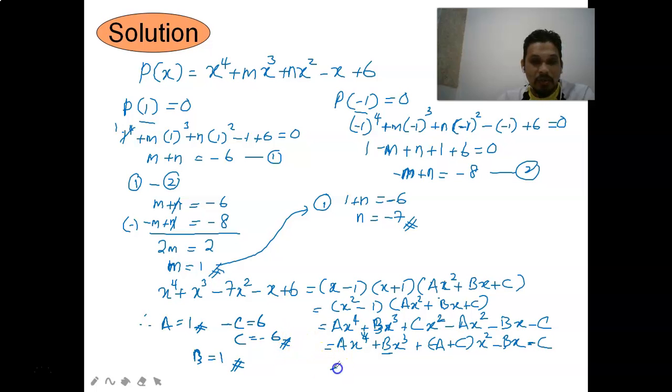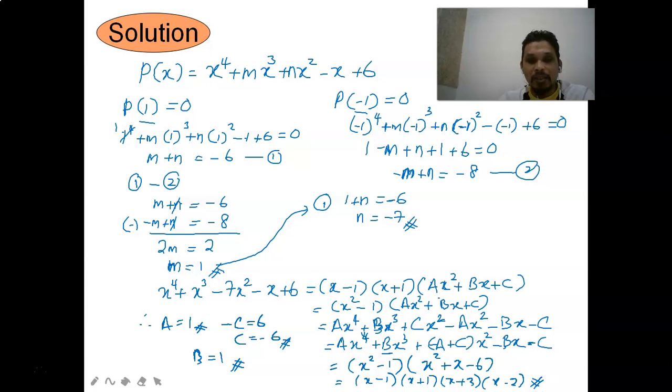So then it comes out with x squared minus 1 and ax squared plus bx plus c, where a equal to 1, x squared, b equal to 1, plus x, and c equal to negative 6, or equal to (x minus 1)(x plus 1), and for this one here, (x plus 3)(x minus 2).